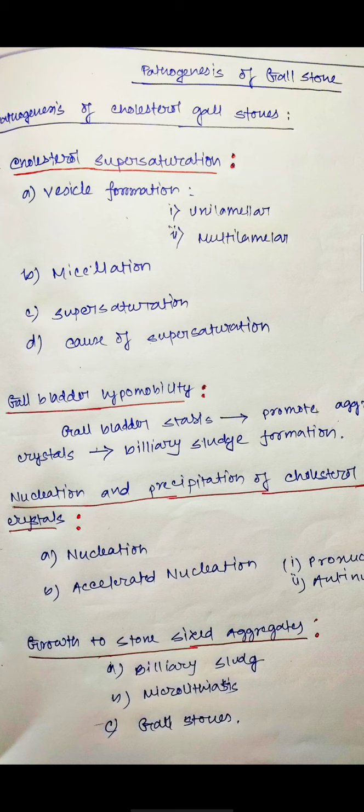So up to the formation of biliary sludge, the cholesterol monohydrate crystals are already formed. Now they adhere and form microstones, and ultimately gallstones form by the addition of cholesterol and different components to that microstone, right?